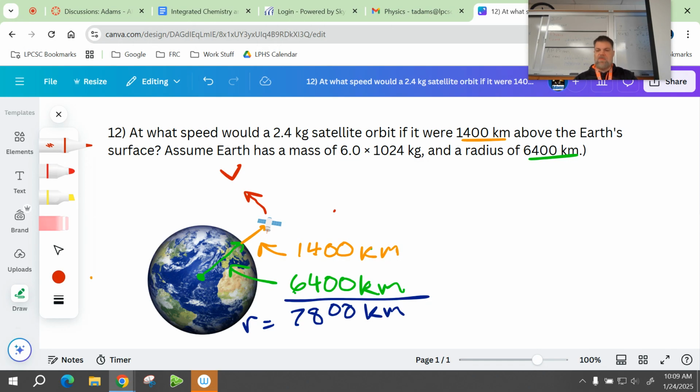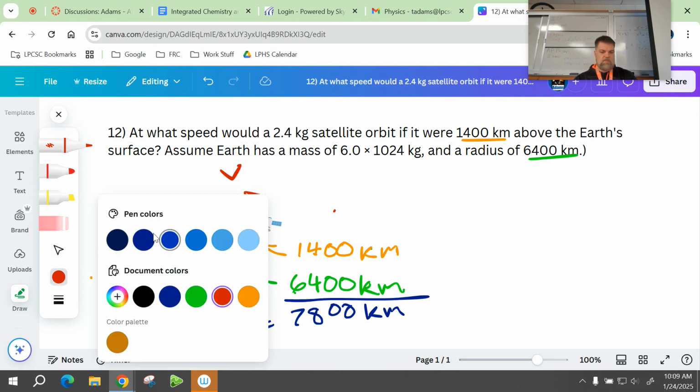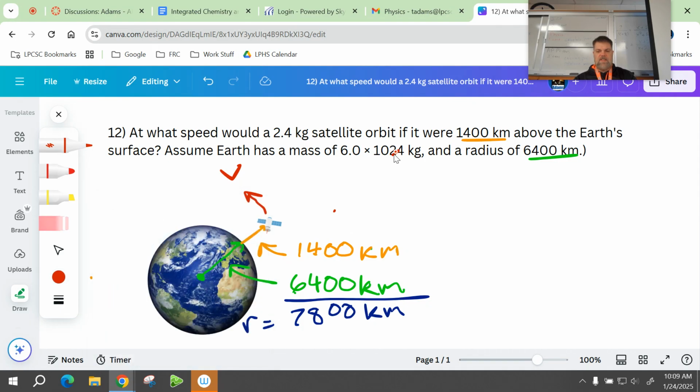They gave us the mass, which is interesting, right? The mass of the Earth. Did they give us the mass of the satellite? Yes. I'm sorry, this is written funny.